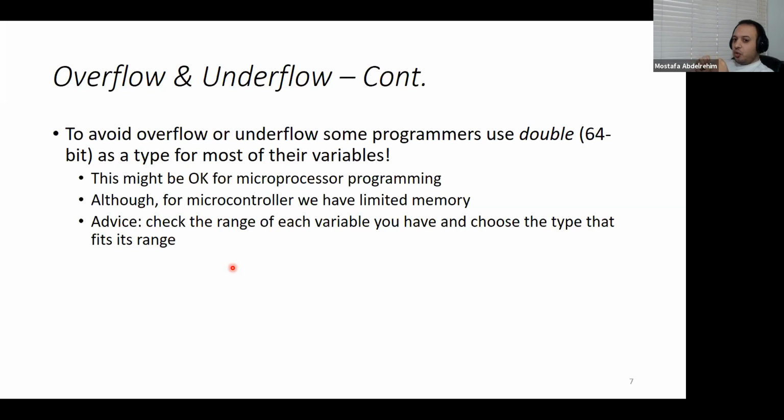So you must be wise all the time, especially with large complex programs, that you are not consuming much of the memory of the microcontroller. The advice here is to choose the perfect fit for each variable. If you know that, for example, I will not exceed 8 bits, then choose unsigned char for it.